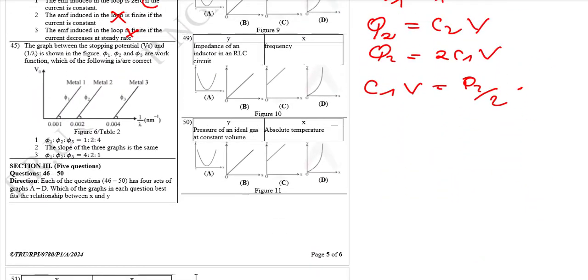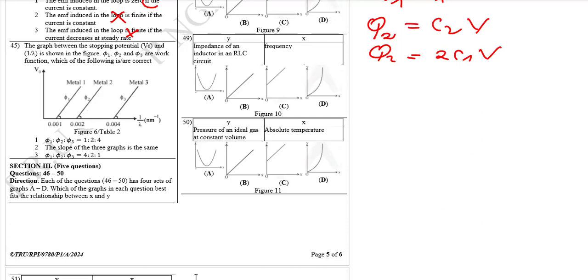Question number 45. The graph between the stopping potential V0 and 1 on lambda is shown in the figure. Phi1, Phi2, and Phi3 are the work functions. Which of the following are correct? We have the values of the work function. We want to verify that Phi1 is to Phi2 is to Phi3 is 1 is to 2 is to 4.